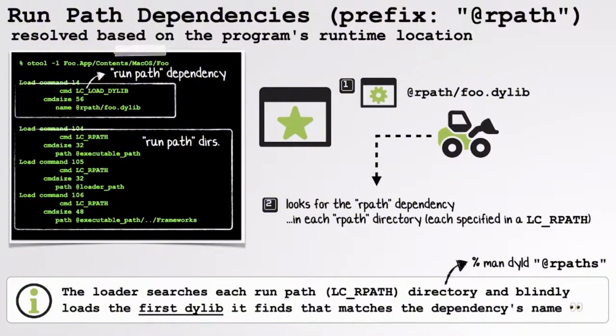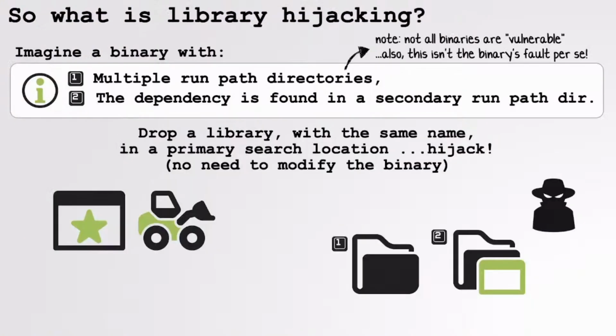In this case, this application has one that is in the executable's location, and also one that's relative in the Frameworks directory. The key thing is this allows for relative dependencies, but a takeaway is that the loader, dyld, is going to search each of the run path directories and unfortunately blindly load the first dylib it finds that matches the dependency's name.